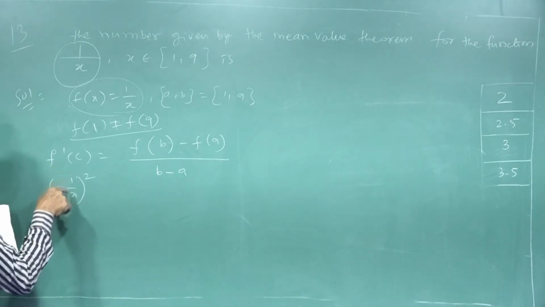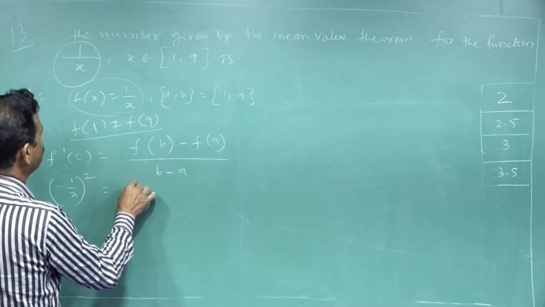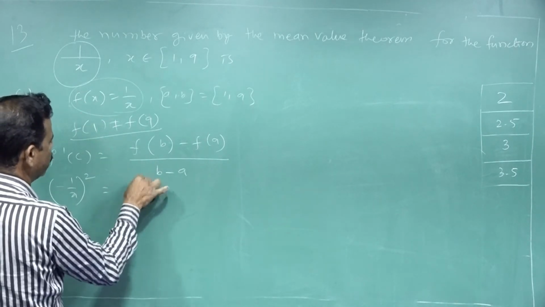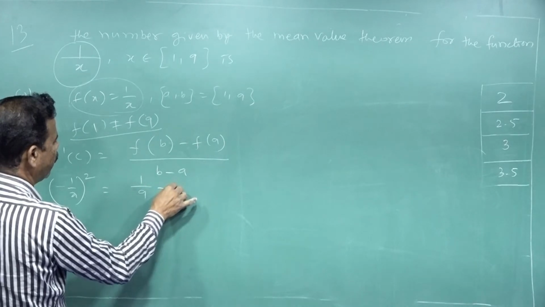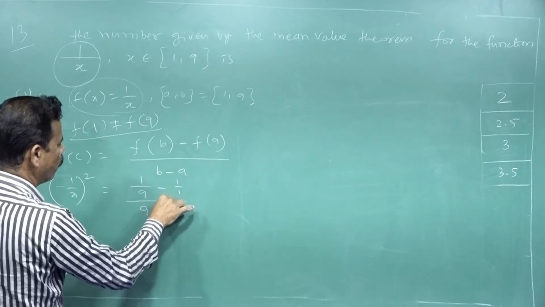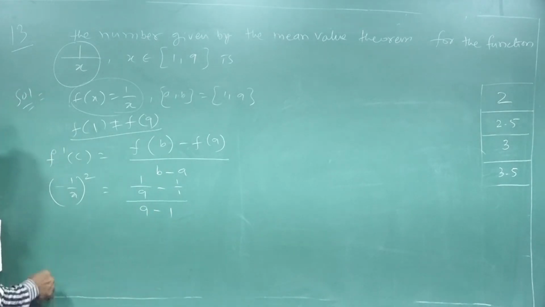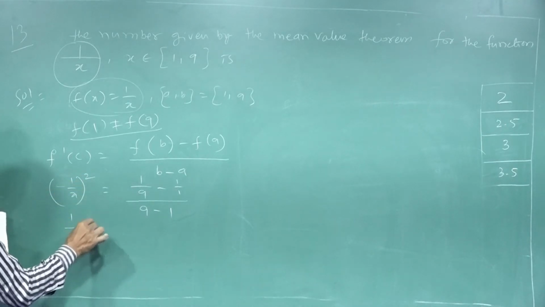After that, instead of x put c. F of b is 1 by 9 minus f of a, 1 by 1, over 9 minus 1.